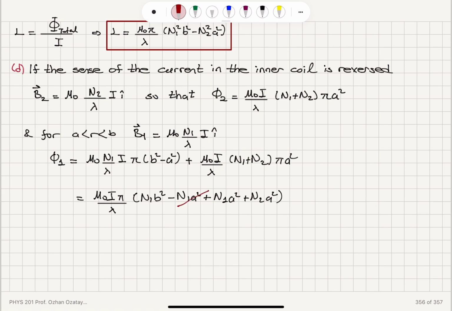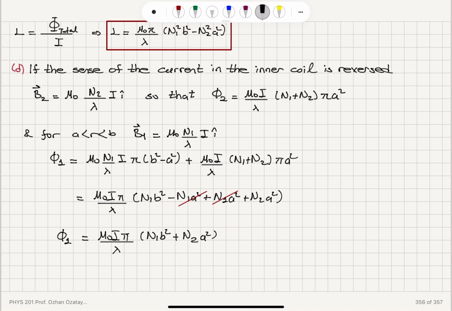So these two would cancel, and I will be left with the flux through each coil of the outer solenoid, mu0 I pi over lambda, n1 b squared plus n2 a squared.